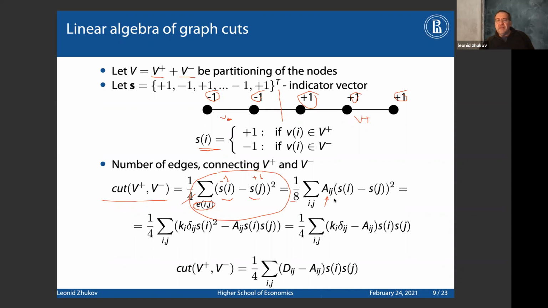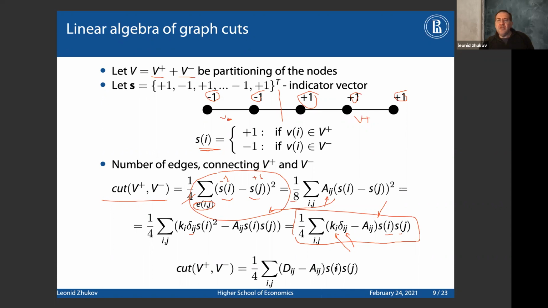Then I can simplify this a little bit. I bring in the Kronecker delta symbol, which is equal to 1 when i is equal to j, and 0 when i is not equal to j. And keep simplifying, and I get this expression. Aij is the adjacency matrix, ki is the degree of node i, delta ij is equal to 1 when i is equal to j and 0 otherwise, and si and sj are our indicator values.